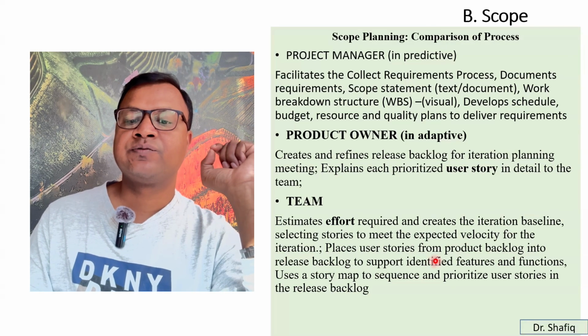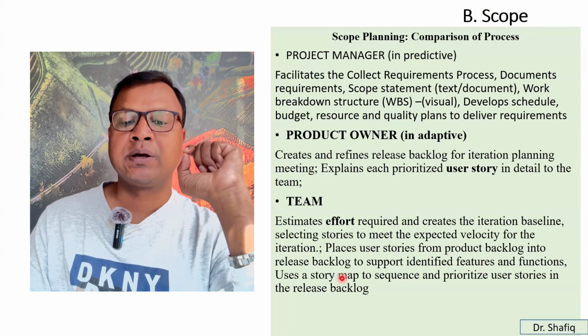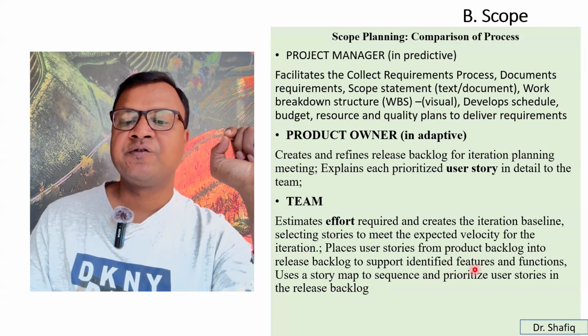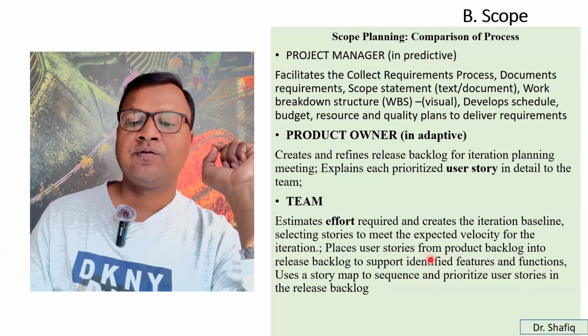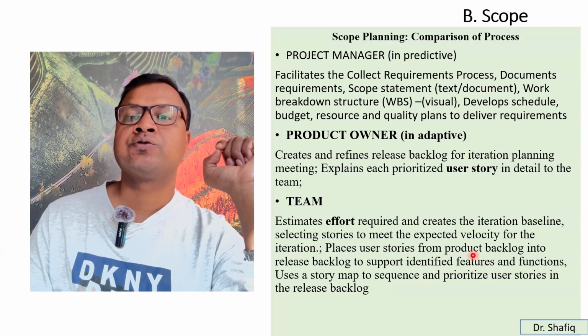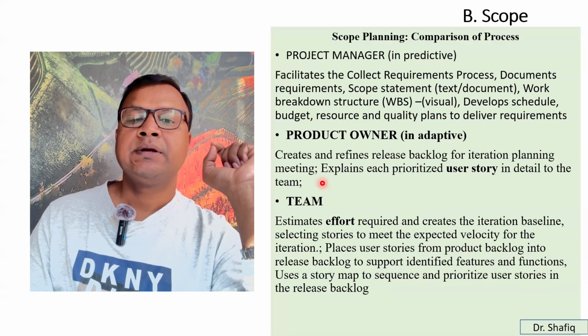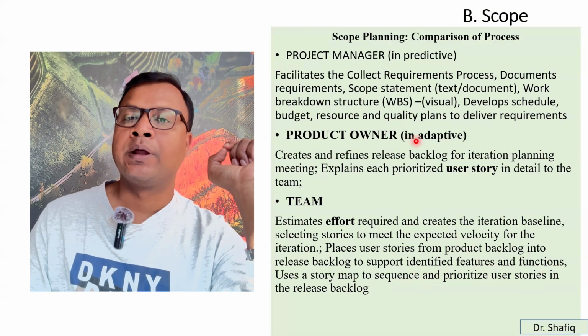The product owner places user stories from the product backlog into the release backlog to support identified features and functions. So what kind of features and functions are actually required? That is decided by the product owner.